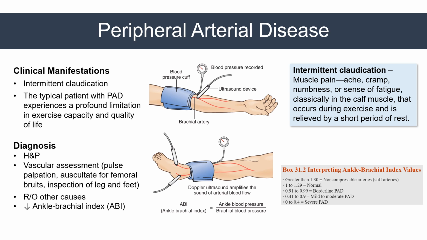They feel this pain and then they stop, they take a break, and then the pain goes away. That is termed intermittent claudication. Again, intermittent claudication is pain in the calf or muscle cramping, or it feels like a sore, tired muscle, and the pain goes away when they rest. Okay, so intermittent claudication is indicative of peripheral artery disease.